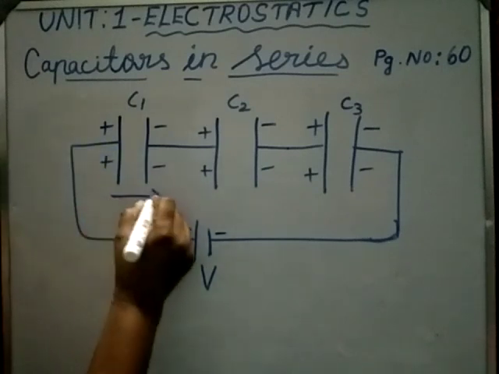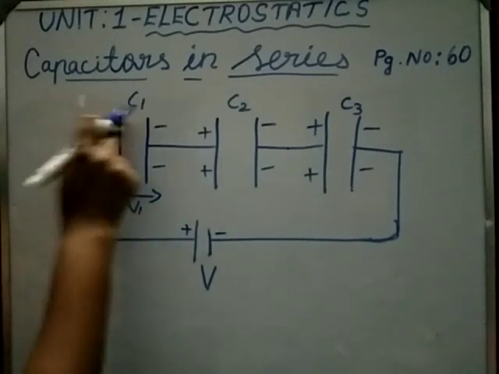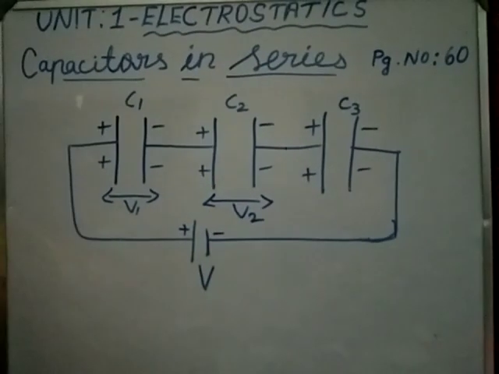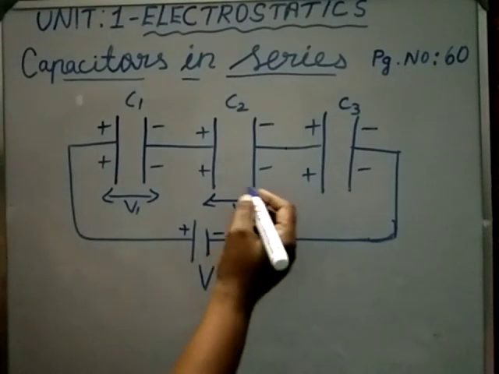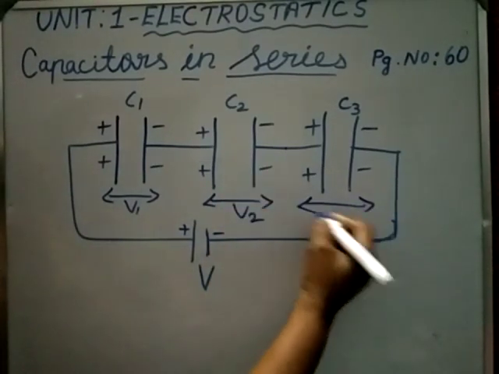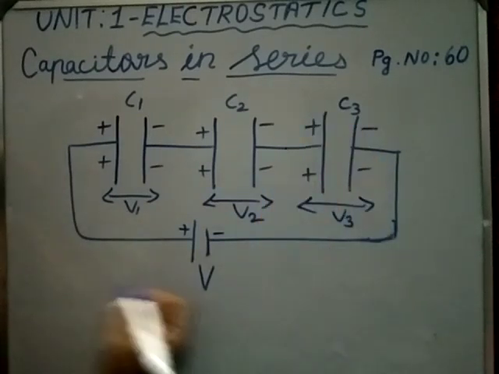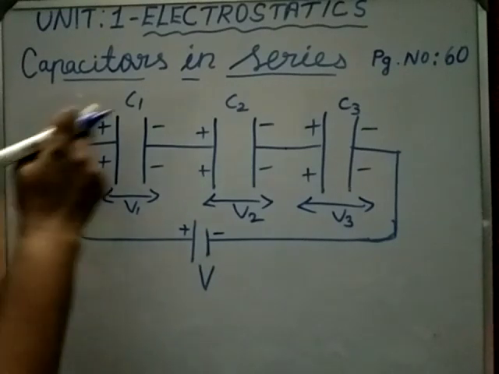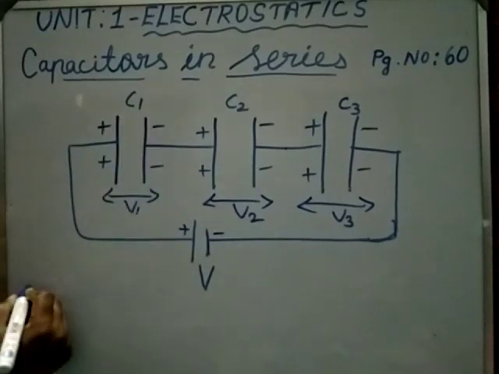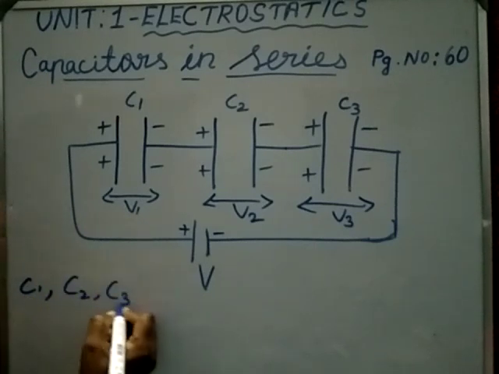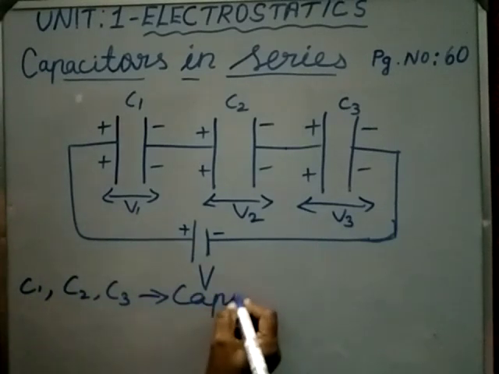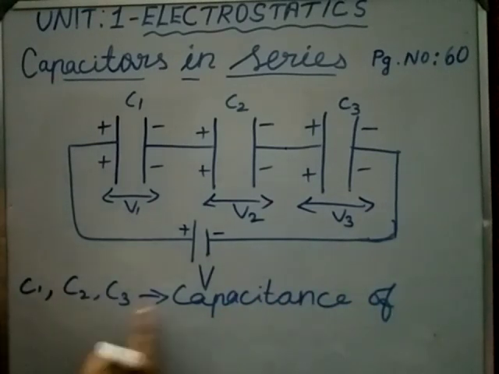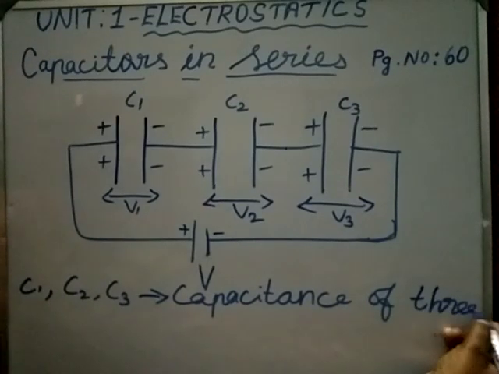Now, V1 is the potential difference across C1. V2 is the potential difference across C2. V3 is the potential difference across C3. Now, we have to explain these terms. Here plus represents positive charge, minus represents negative charge. What are C1, C2, C3? C means capacitance, and here we have three capacitors.